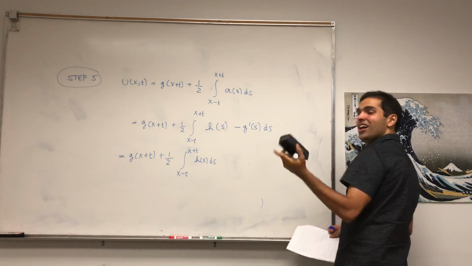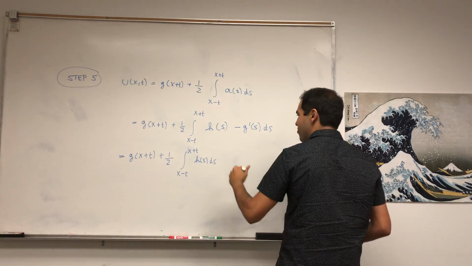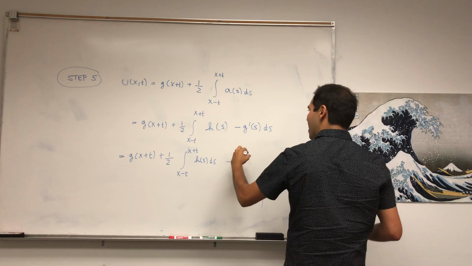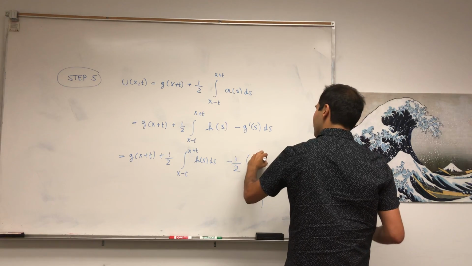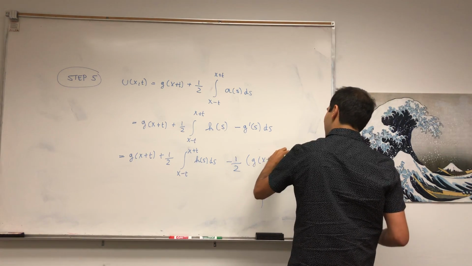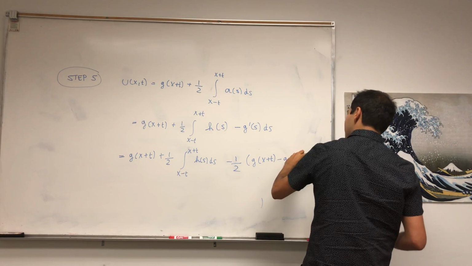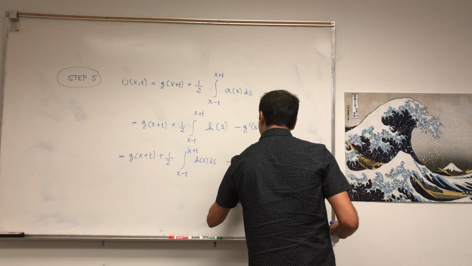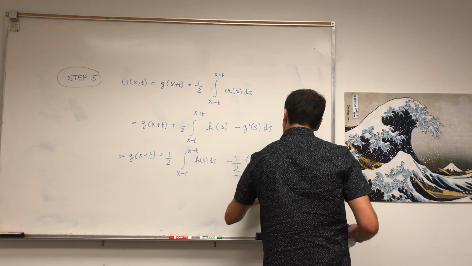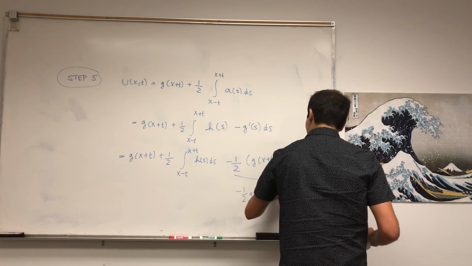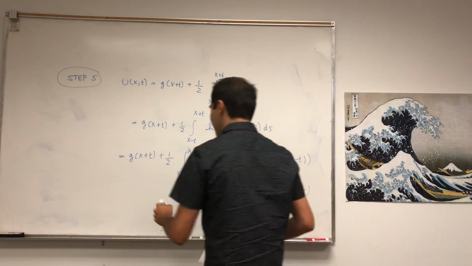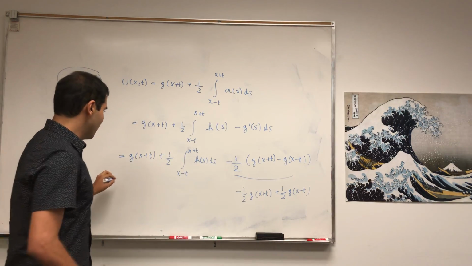And for g prime, you're taking the integral of g prime, so let's just use the FTC on that. So minus 1/2 of g of x plus t minus g of x minus t, which if you'd like, that's minus 1/2 of g of x plus t plus 1/2 of g of x minus t. But notice, this simplifies a bit.